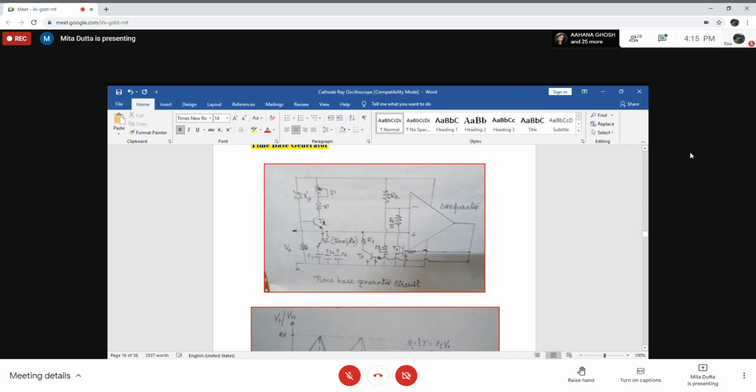Because transistors T2 and T3 are off. That means these two are open circuit. So the voltage V0 will be 0, which is the voltage across the positive input terminal of the comparator, sorry.